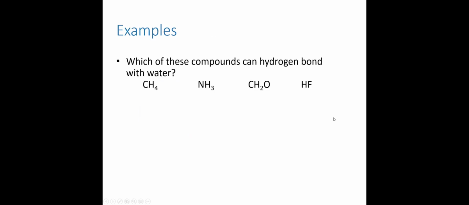So let's take a look at some molecules here. So the first question I would have for you here is, which of these molecules can hydrogen bond with water? With water. Now remember, water has both components to it for hydrogen bonding.